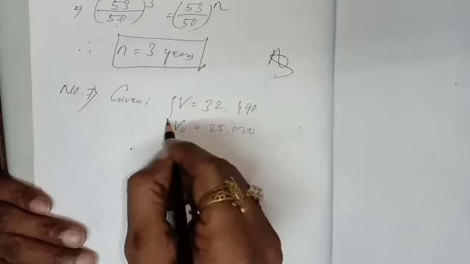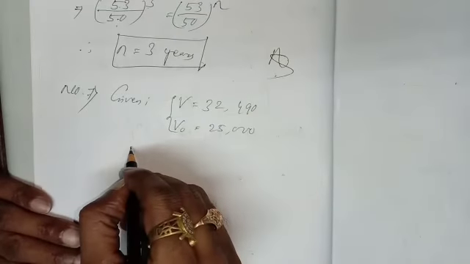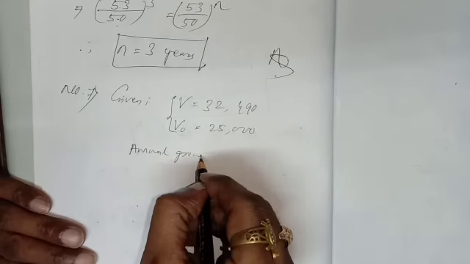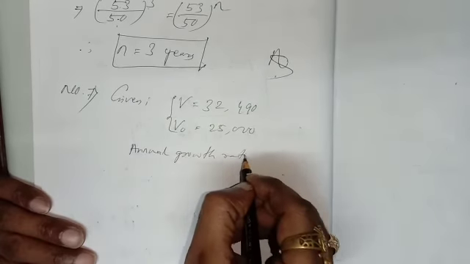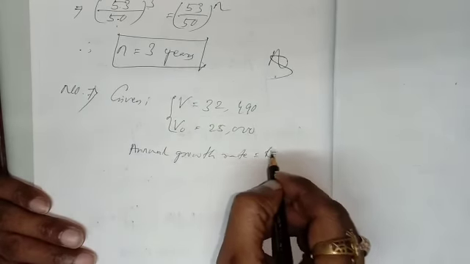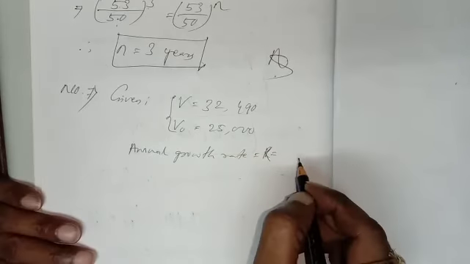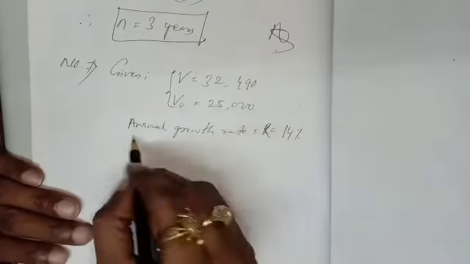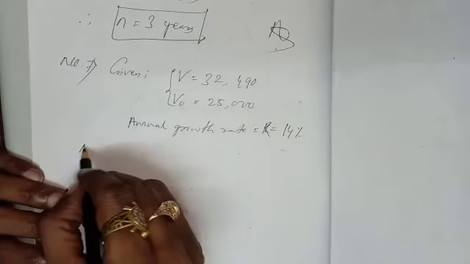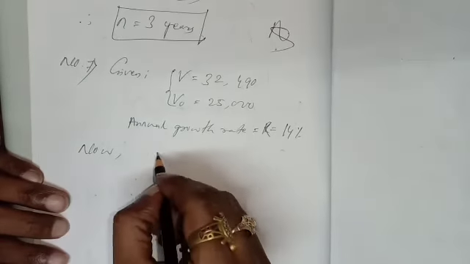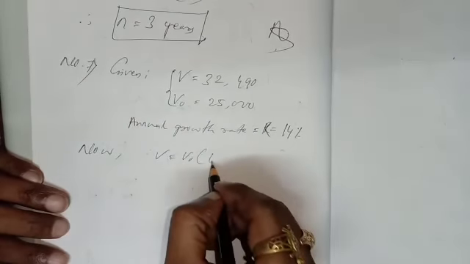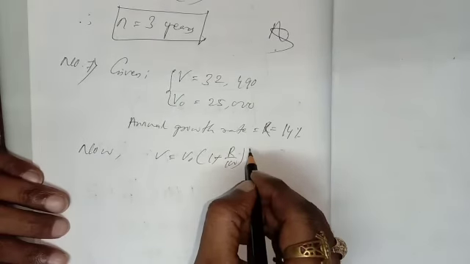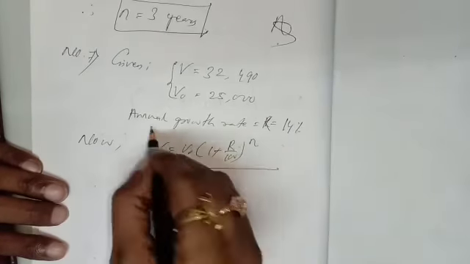Annual growth rate R is equal to 14% per annum. Annual growth means per annum. Time is not given. Now V is equal to V0 times (1 plus R by 100) whole to the power n. You have to apply this formula.